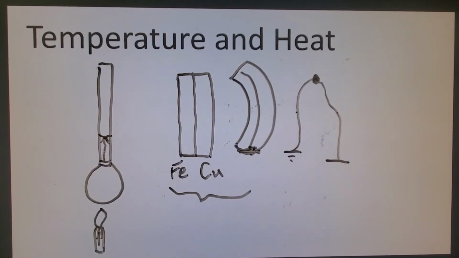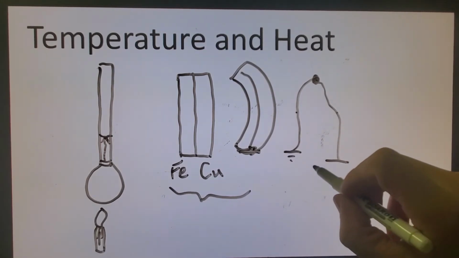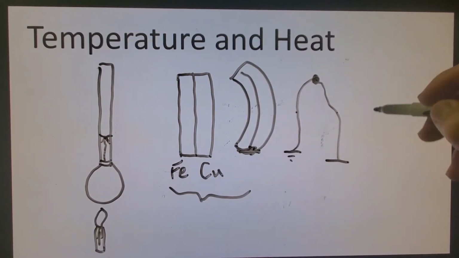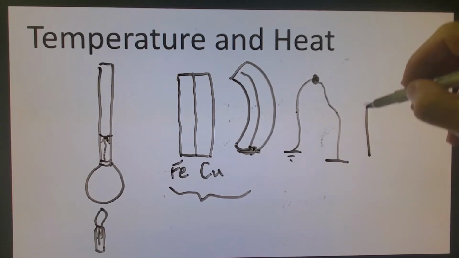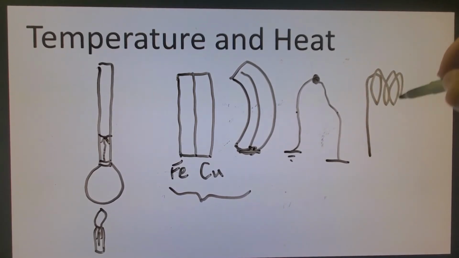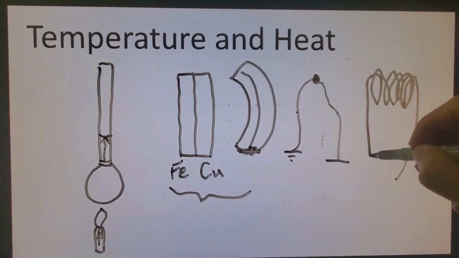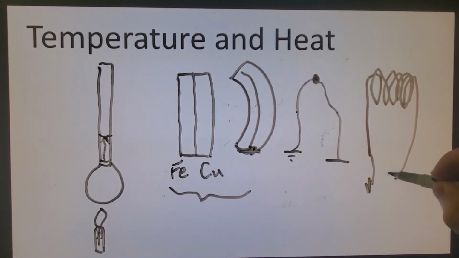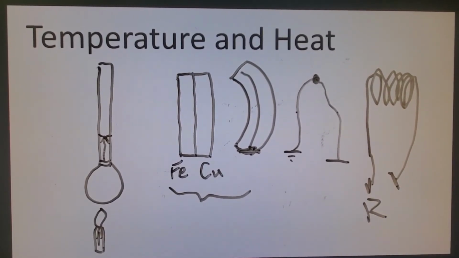All right, so let's look at the other ones. Well, there are many, okay? I'm just going to tell you some of them. The other one, this is called thermocouple. The other one is called the RTD, okay? That means you have a long metal coil, and you're going to measure the resistance of this metal coil. Usually when you heat them up, you're going to increase the resistance, okay?